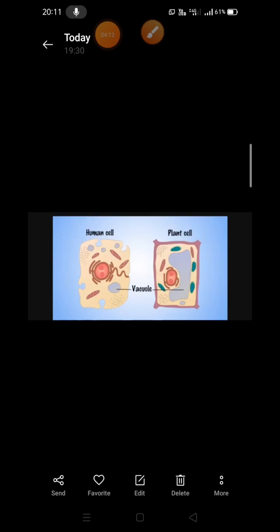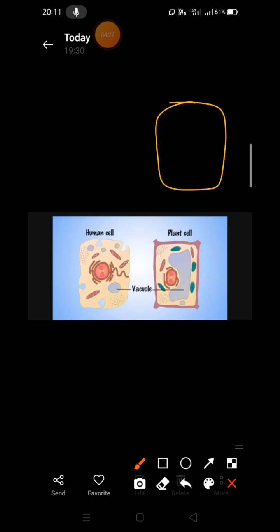And when we compare animal cell and plant cell, meaning human cell and plant cell, what is the basic difference? That the plant cell has a cell wall around it. So in a plant cell, what is present? This is a plant cell, and it will have an extra covering that is called cell wall around itself.